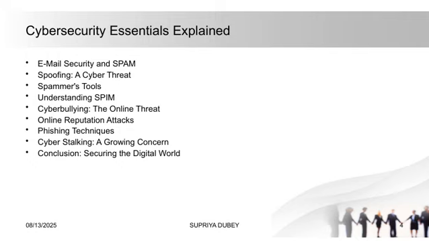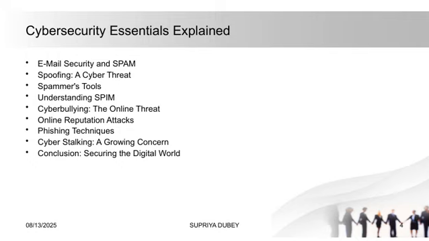Cyberbullying is another serious concern that can have emotional impacts, so recognizing its signs is important. Online reputation attacks are increasingly common, aiming to damage our credibility or personal brand. Phishing techniques are often used to trick us into revealing sensitive data, so staying vigilant is key.